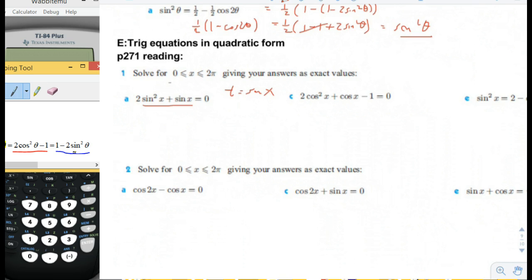Okay, and then you're going to get a quadratic, 2t squared plus t equals 0. And then you're going to say, okay, t times 2t plus 1 equals 0. So that means t equals 0, or 2t plus 1 equals 0.